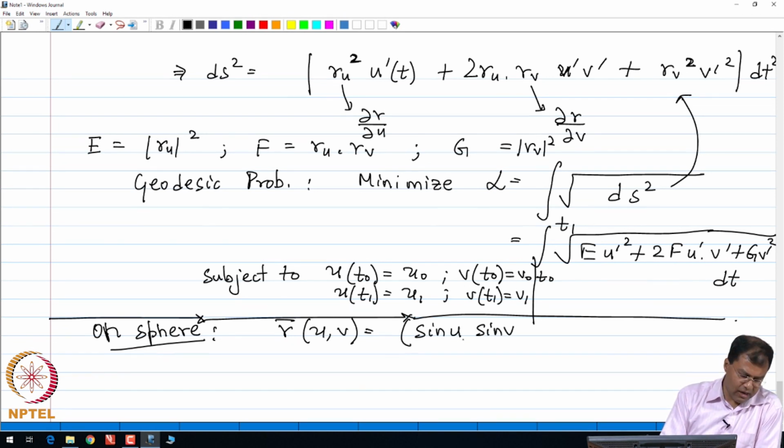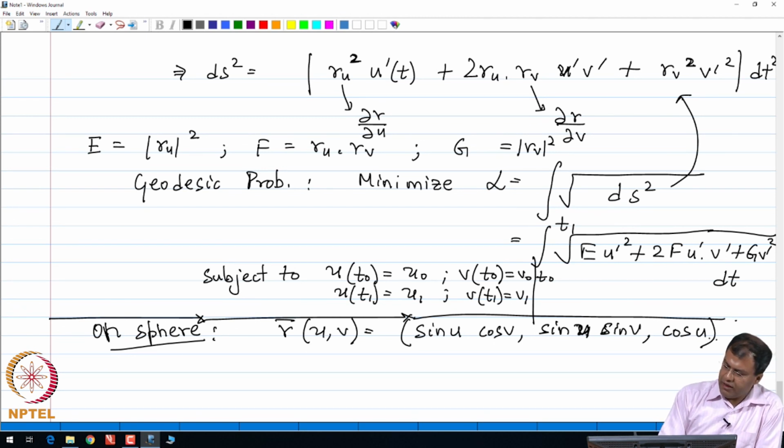My coordinates are sin u cos v, that is my x coordinate, then sin u sin v, and finally the z coordinate is cos u.